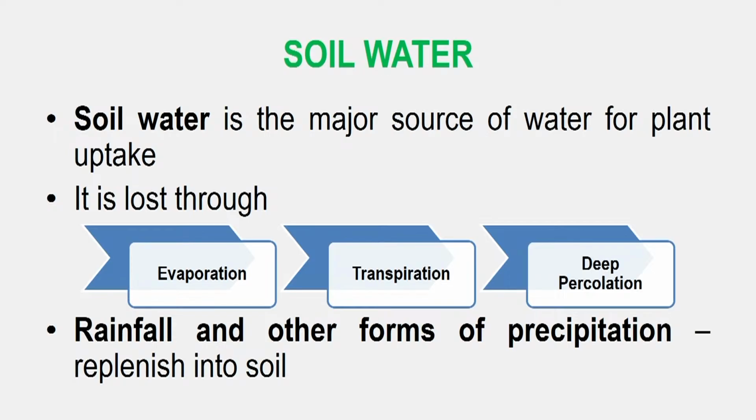However, when water enters the soil, it may be lost through various processes: through evaporation from the soil surface, through transpiration from the plant leaf, or through deep percolation.